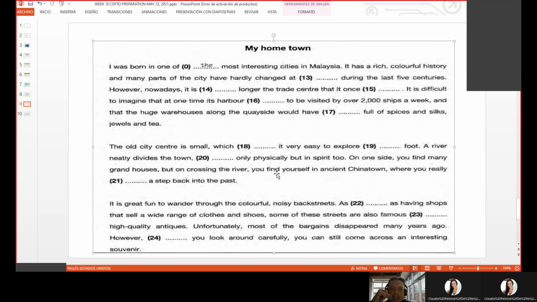However, nowadays it is no longer the trade center that it once.